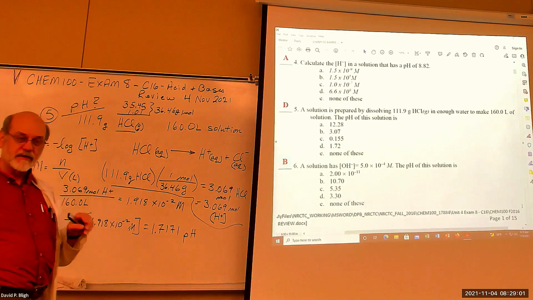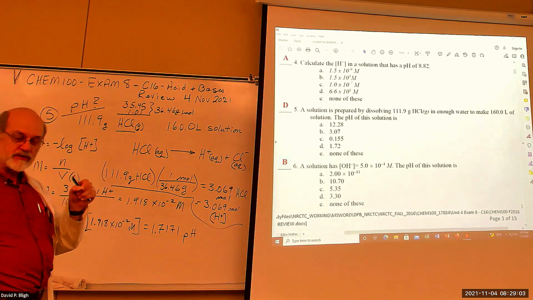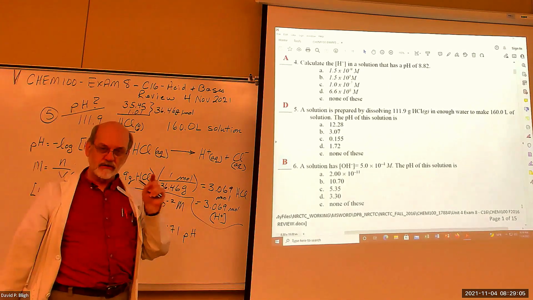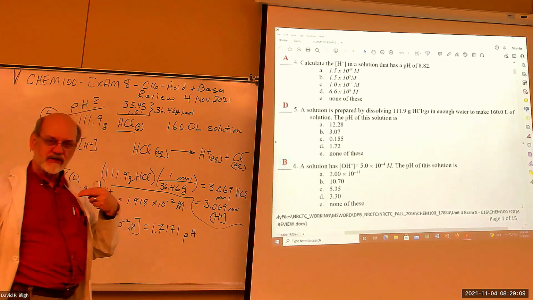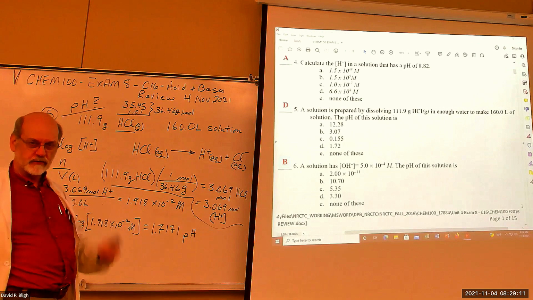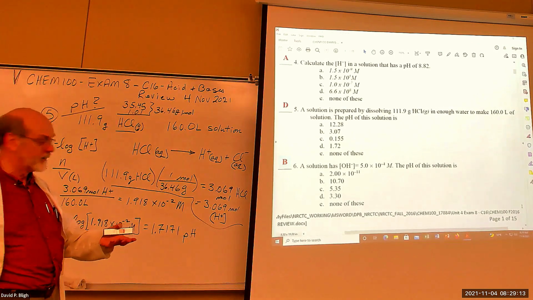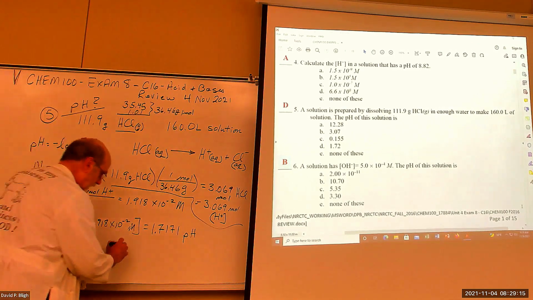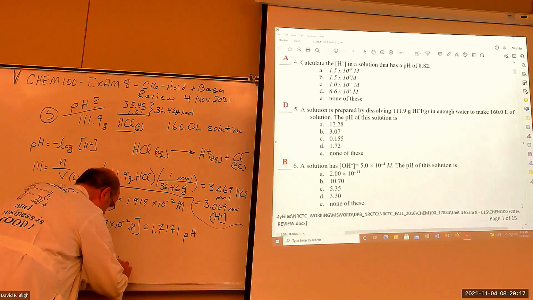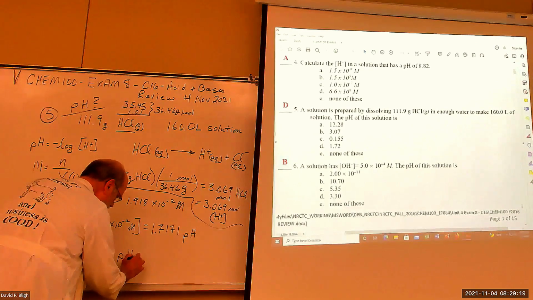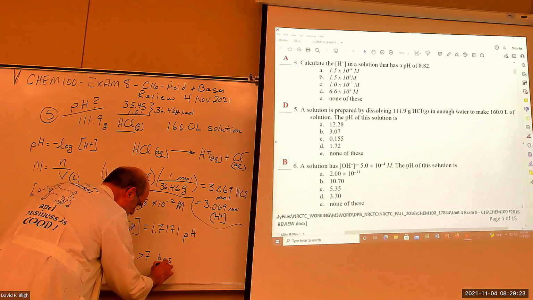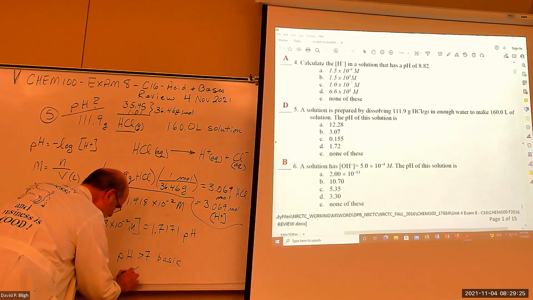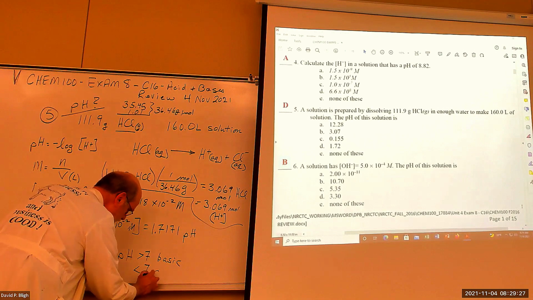As it turns out, smaller numbers of pH means stronger acid solution, and larger numbers of pH means weaker acid solutions, or even basic. A basic solution would be one that, let's see, pH greater than 7 is basic. pH less than 7 is acidic.